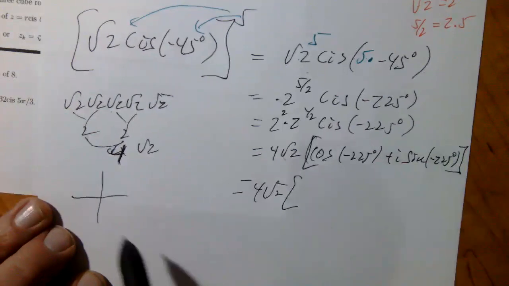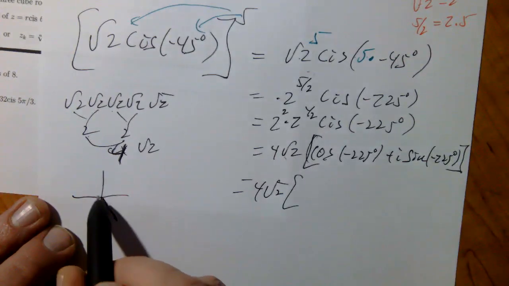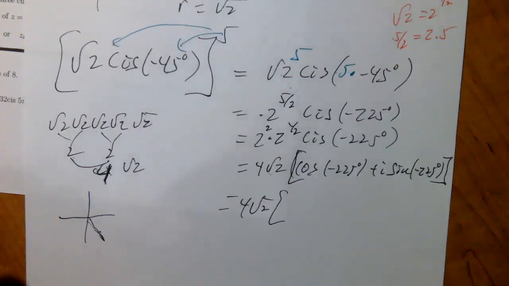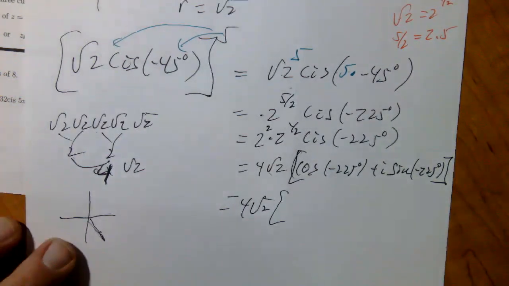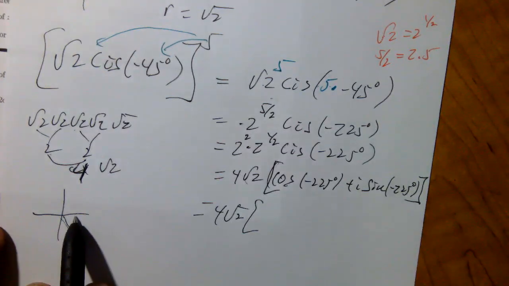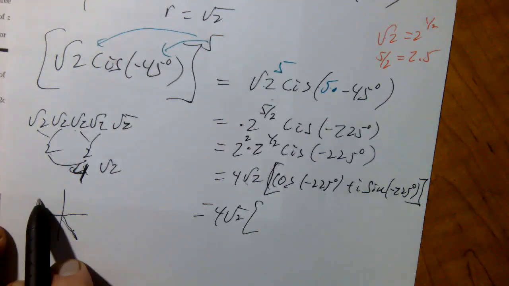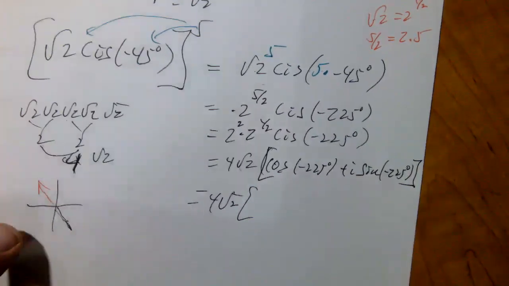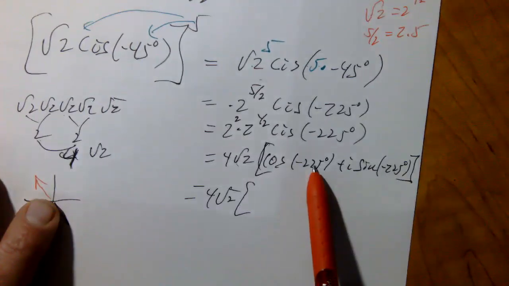Well, one thing you could do is think of it as, if this is negative 45, I want to do 5 times that, so just rotate it around 5 times. Or think of negative 225: you're rotating down 180 and then 45 more, which would be here. Remember, you've got to know what quadrant you're in.